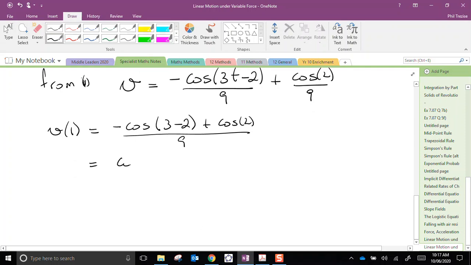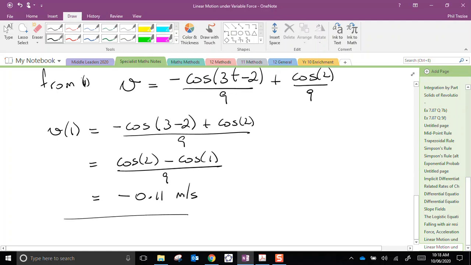So I'll have the cosine of 2 subtract the cosine of 1 over 9. And I believe that comes to negative 0.11. And as everything was in SI units, the result will also be in SI units.